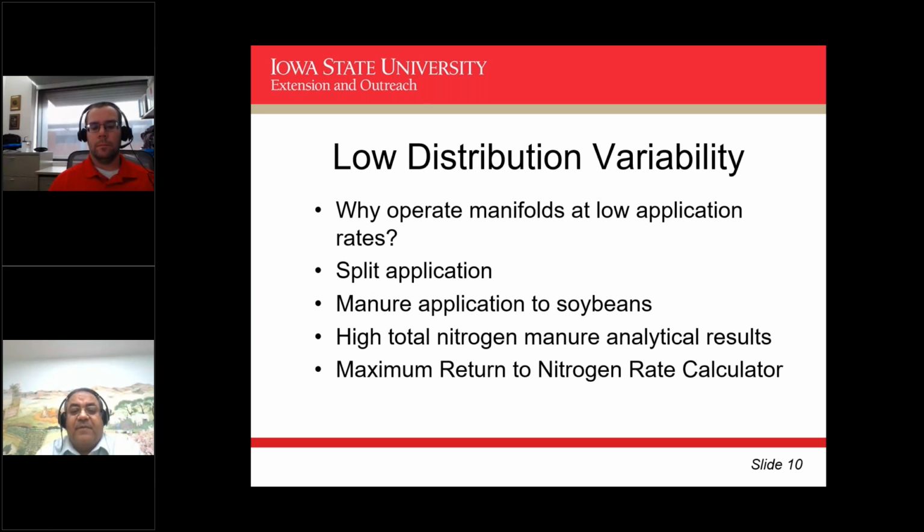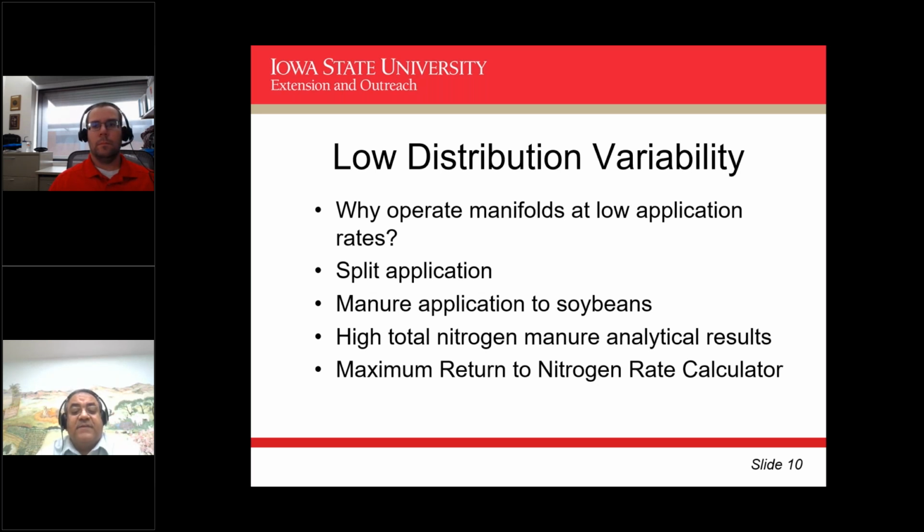Here in the upper Midwest, in Iowa and surrounding states in the Corn Belt, we are getting into split application situations where the manure that is needed for the next crop is applied in split applications. We may be applying half in fall and half in spring.